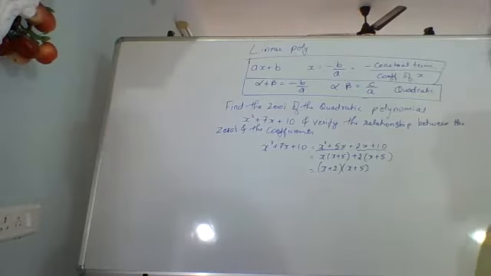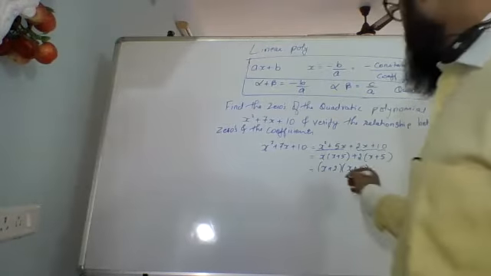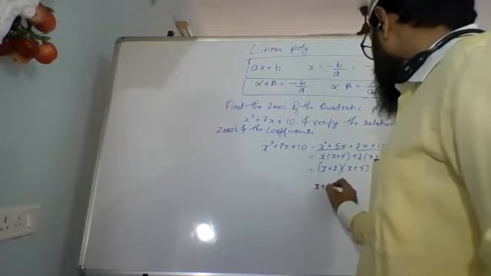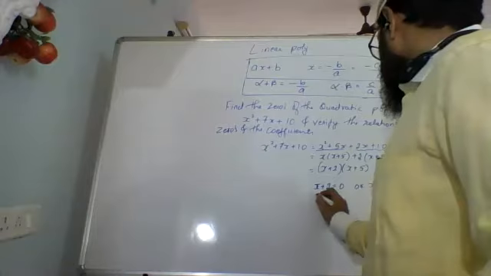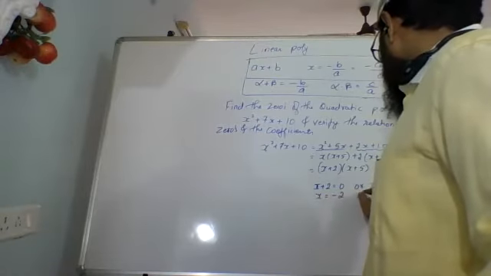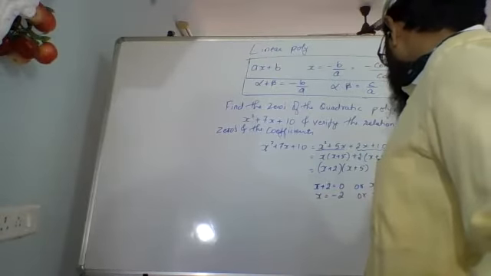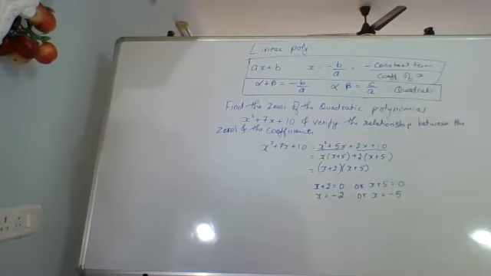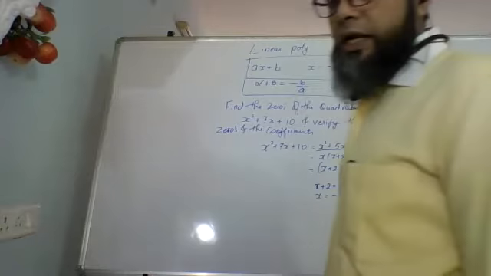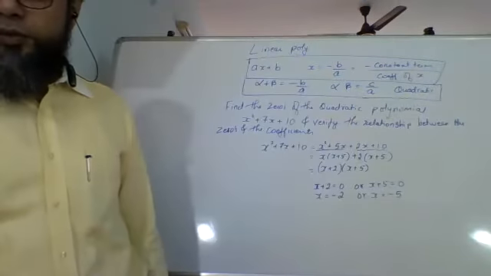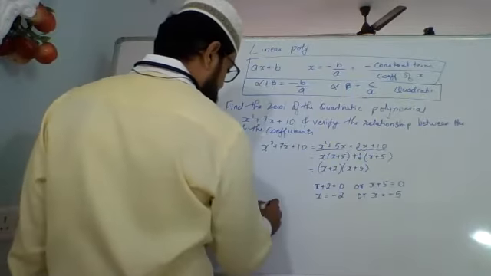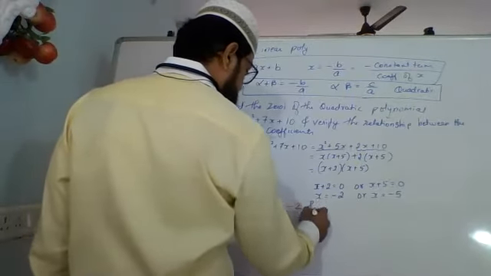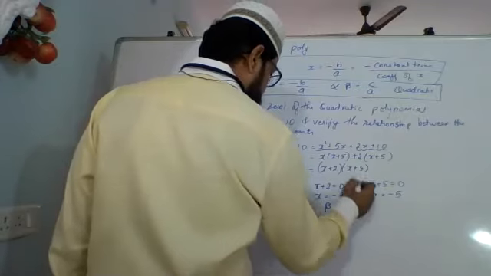So for the values to give me 0, I'll say x plus 2 equals 0, or x plus 5 equals 0, so x equals minus 2, or x equals minus 5. These are the zeros. So for simplicity, I'll say alpha equals minus 2 and beta equals minus 5.